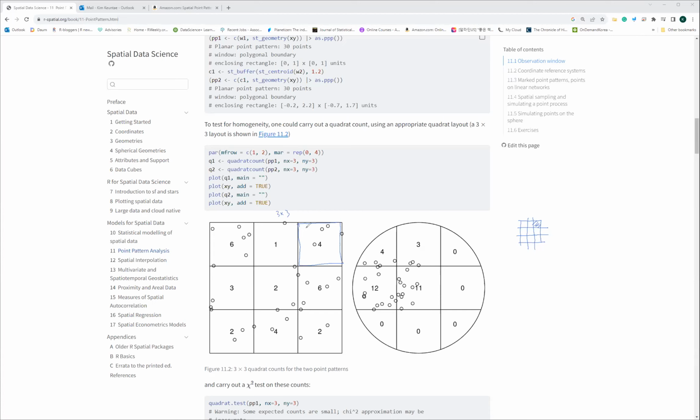That's how we can understand the pattern, especially the intensity of the points, depending on our unit grid. Like here, there are 4 points inside this square, so you can say 4, and there is 1 like this, and the same for the square.